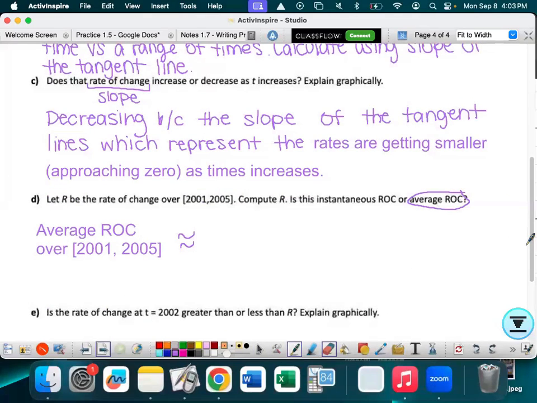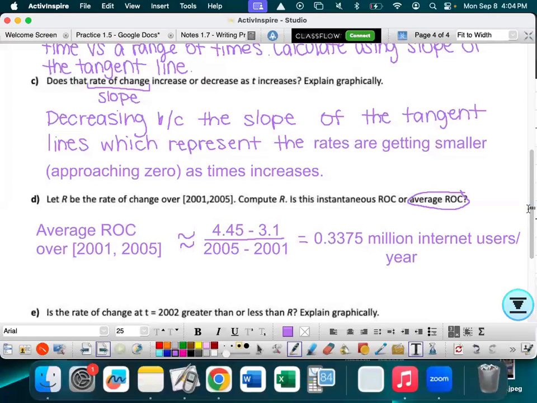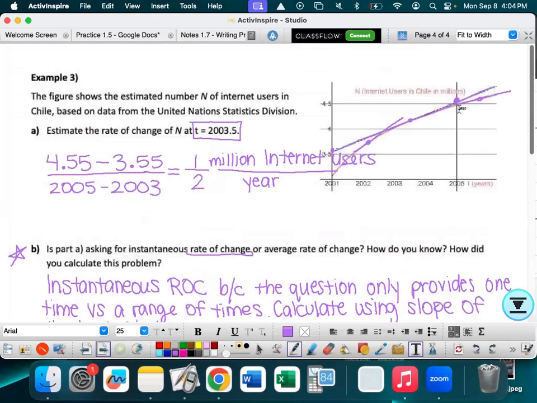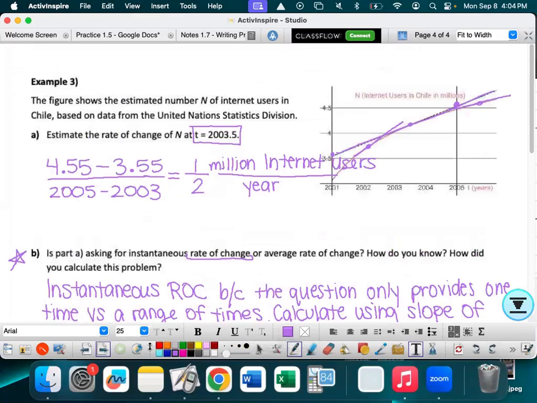I'm going to put the values that I think we see roughly around 2005 and 2001 on my screen. They might not be 100% what you have, but if we are within maybe one or two decimals of each other, I think we're going to be good. So I'll put my answer up here now. Keep in mind, this would be the slope of the secant line that connects these 2 points on the graph itself.